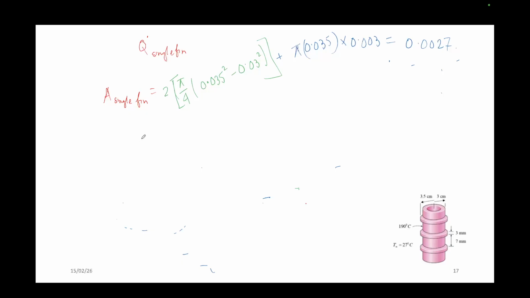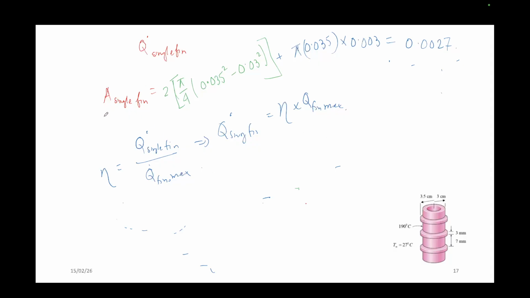So what we know? Q fin by Q fin max, this is your efficiency, right? So in the question they asked you to find Q single fin, which is N into Q fin max. Why am I using this formula here?